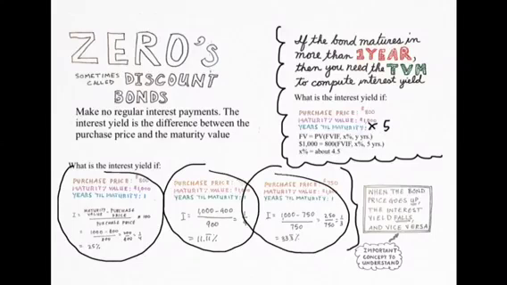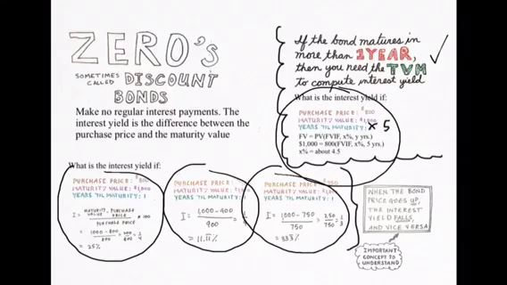These simple little problems did not require the use of the time value of money formulas, because in each case the time till maturity was 1 year. However, when there's more than 1 year till maturity, we need to use the time value of money to compute the interest yield. Check out this example.